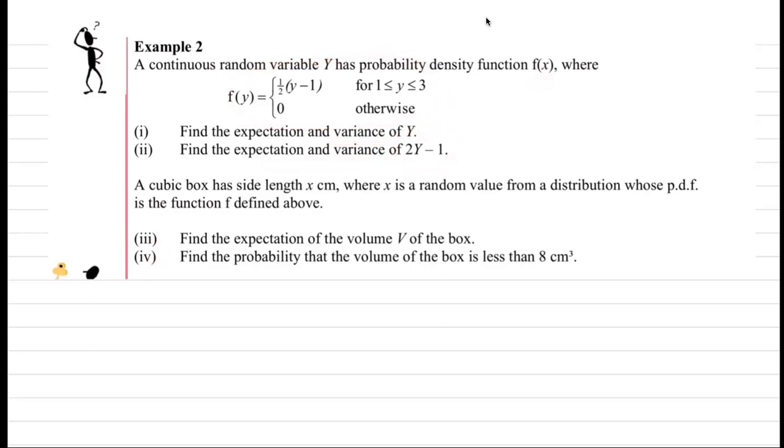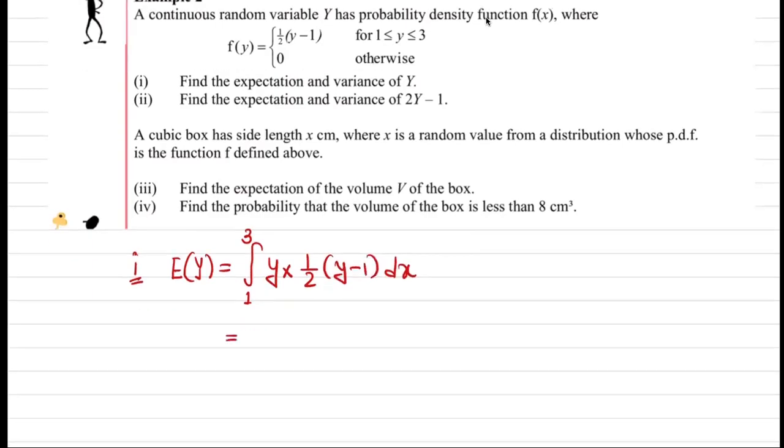So from the concept of S2, we know that E of y should be equal to the integral of y times f(y). We know this. So if we integrate this, then we'll get y squared minus y dy.